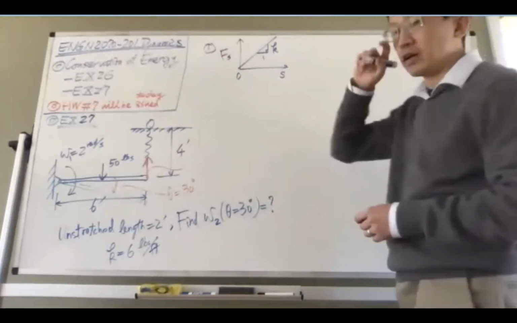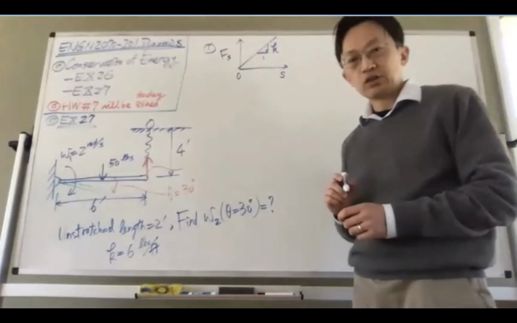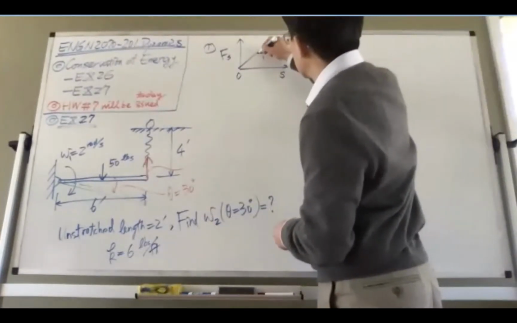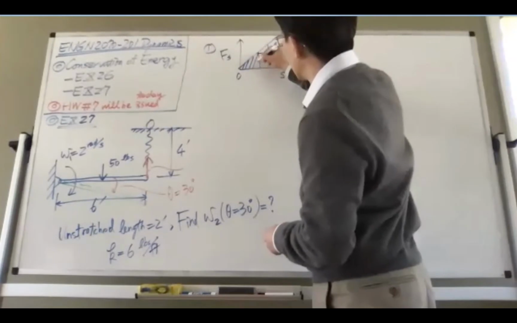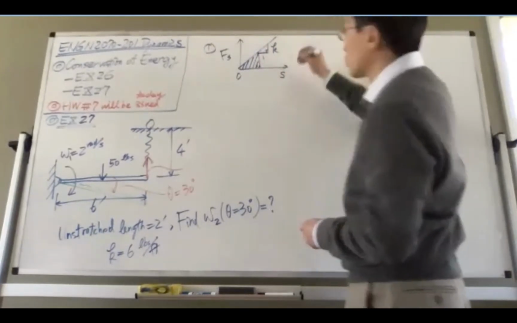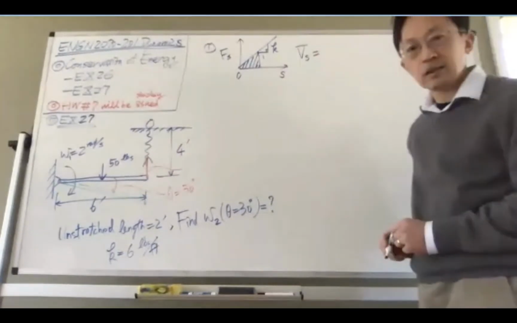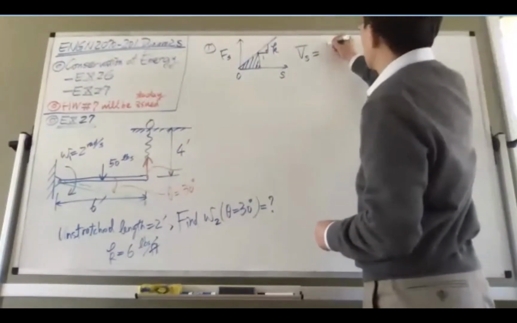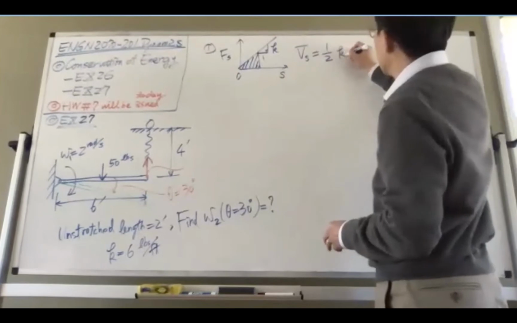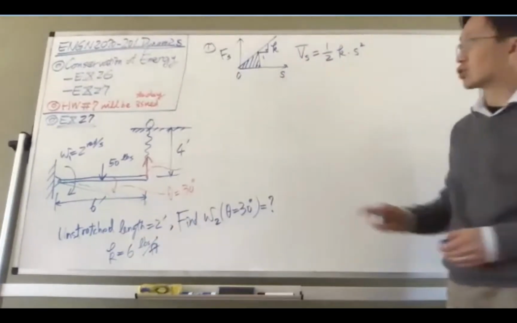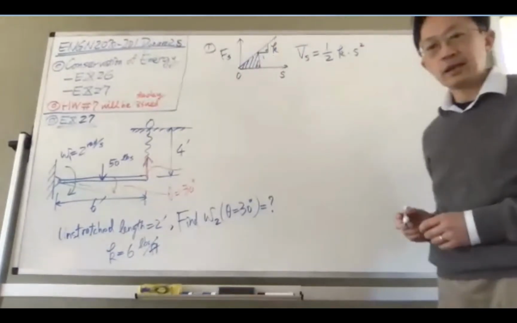However, for elastic potential energy, we do not just use the value, we use the integral, which means you have to find the area here, and that is why elastic spring energy equals 1/2 K times S squared, which is essentially this area.